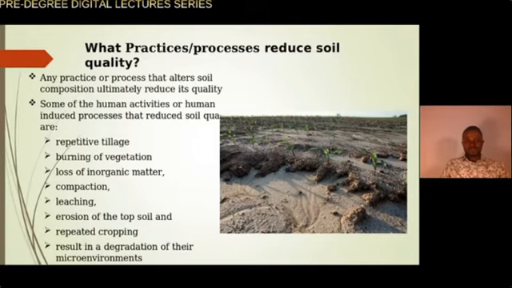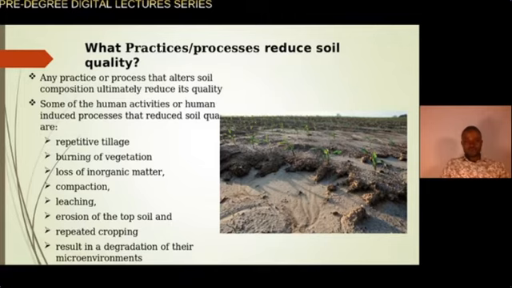Some of these human-induced processes that reduce soil quality include repetitive tillage. When you till a soil continuously over a period of time, the soil will lose its structure and will become prone to erosion, runoff, leaching, and other processes that reduce the quality of the soil.